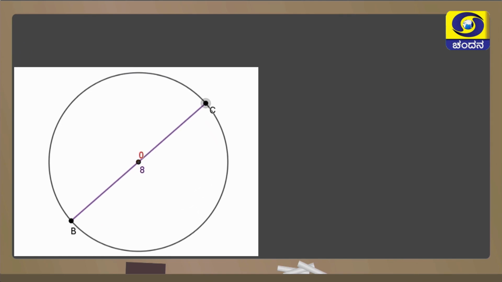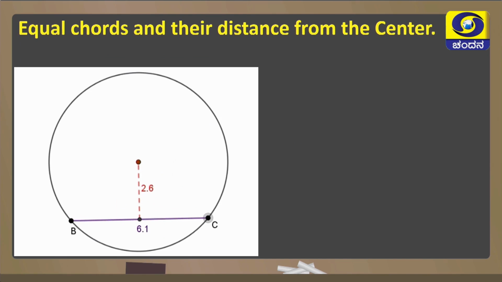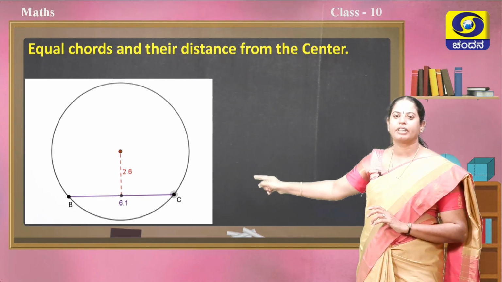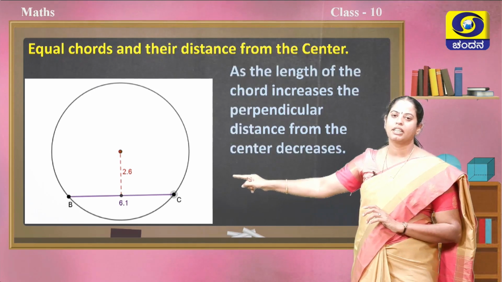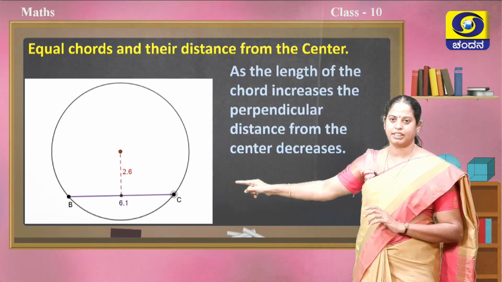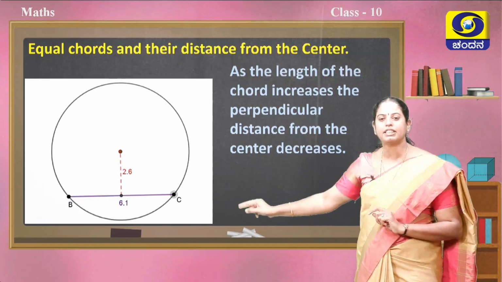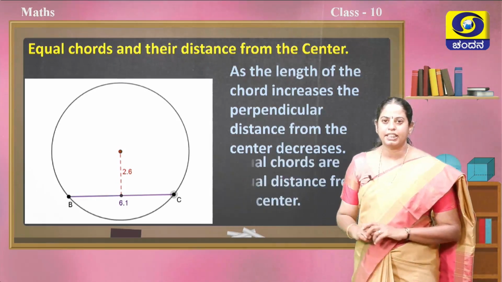When it passes through the center, the perpendicular distance is exactly 0. As it moves away from the center, again the perpendicular distance increases. One more thing we can say: as the length of the chord increases, the perpendicular distance decreases. As the length of the chord decreases, the perpendicular distance increases.